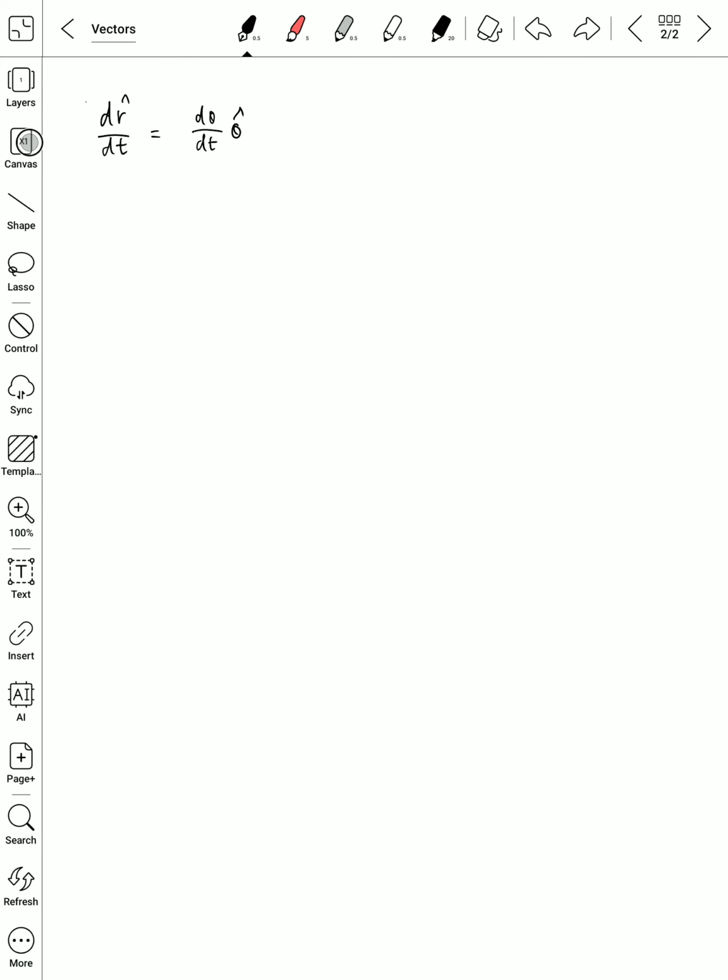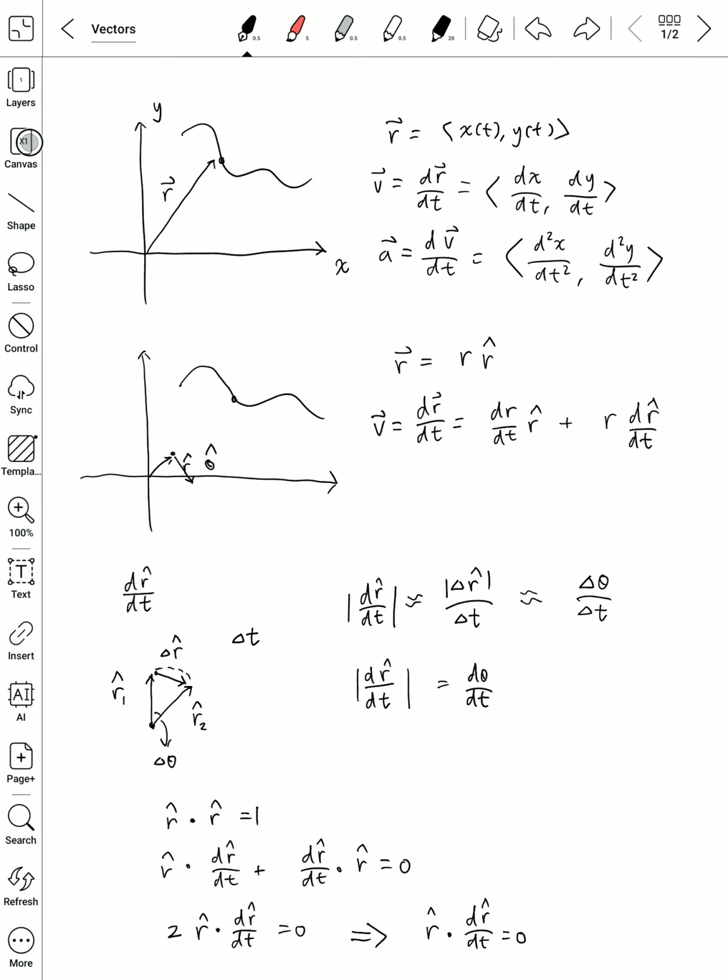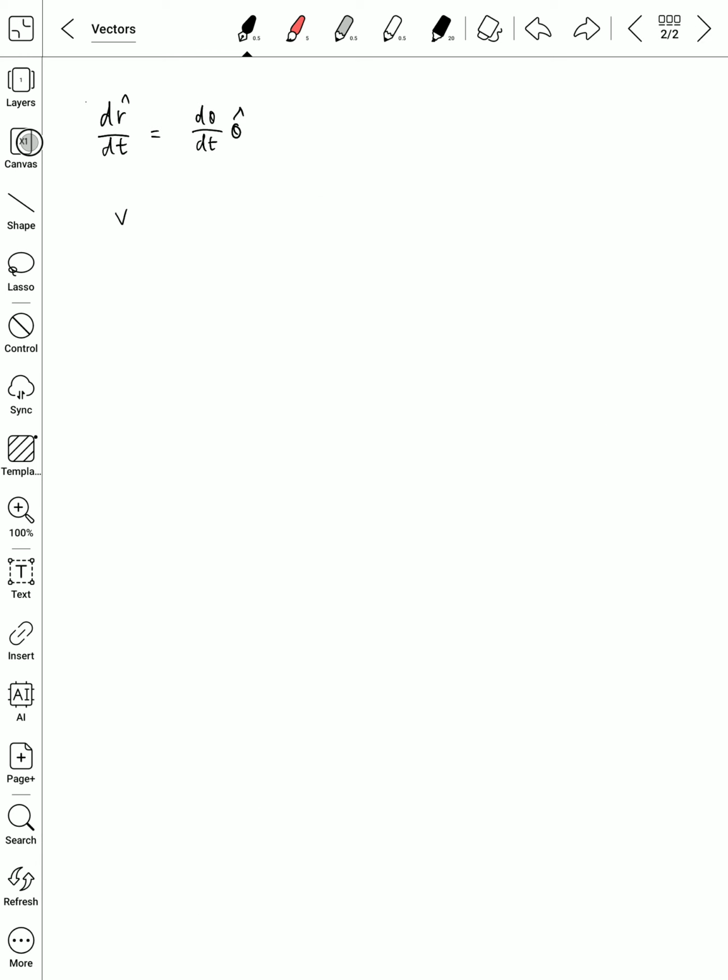And then substituting this into this equation, we get v equals dr dt r hat plus r dr hat dt, which equals dr dt r hat plus r times d theta dt theta hat.